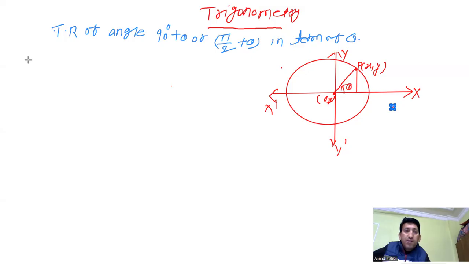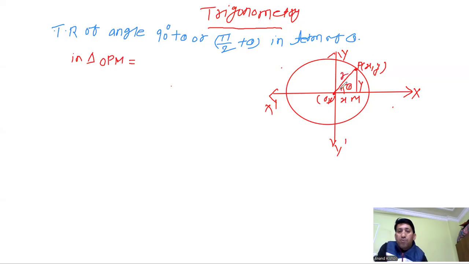The name of this is M. So the point P is x comma y, and this is OM. OM is what? This is x. This is y. So in triangle OPM, and the radius of this circle is what?